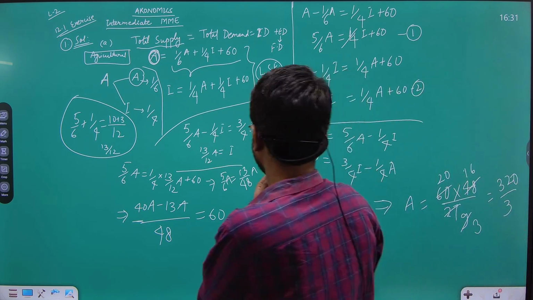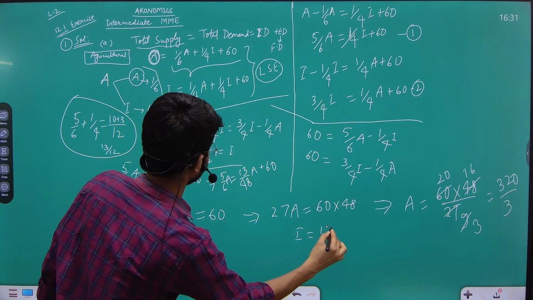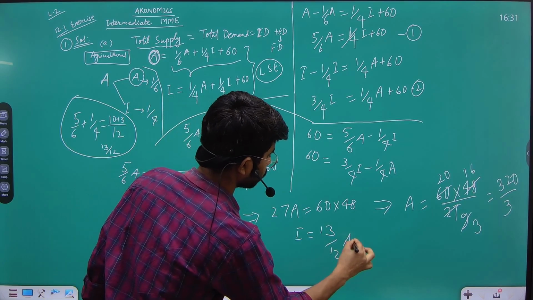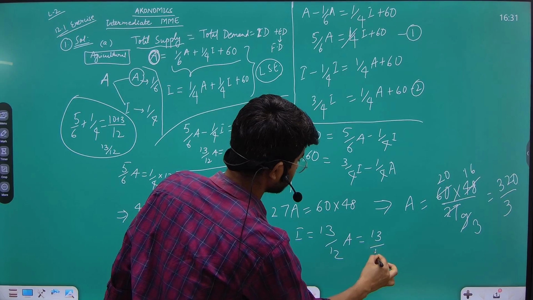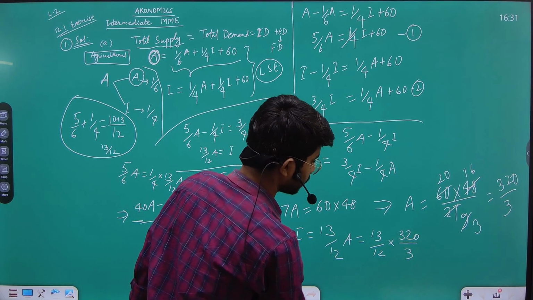Similarly, you know that the value of I is equal to 13 by 12 A. So you can calculate it as 13 by 12 into 320 by 3.